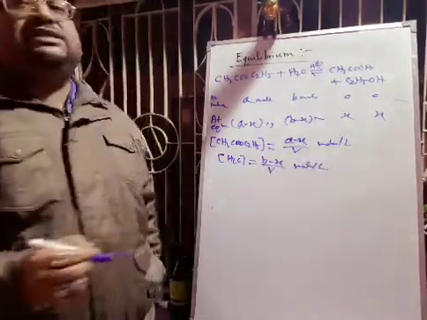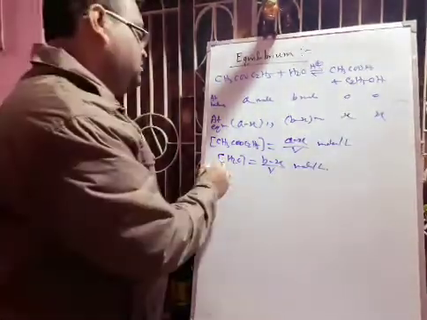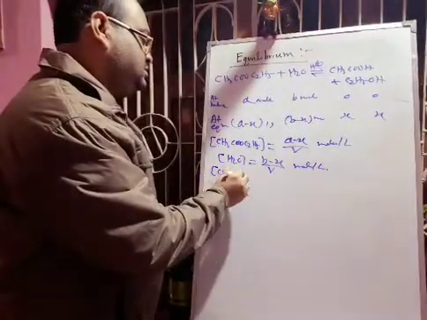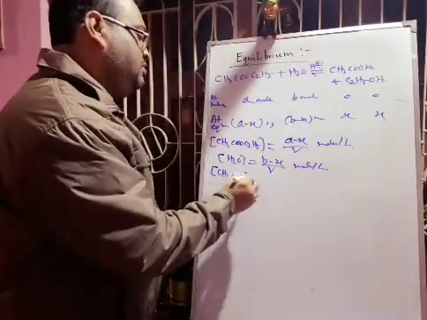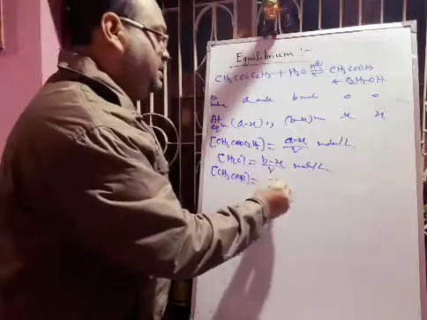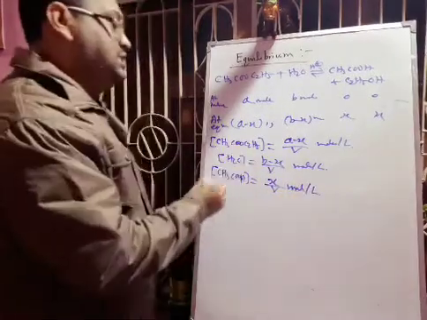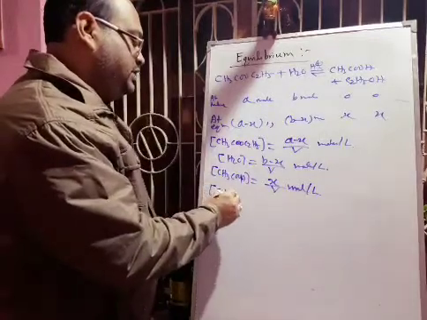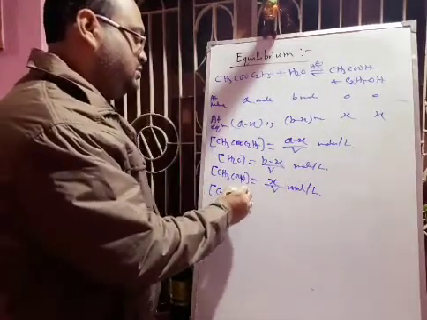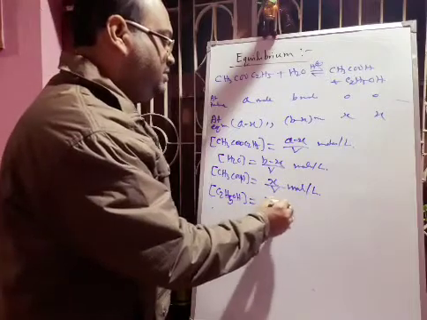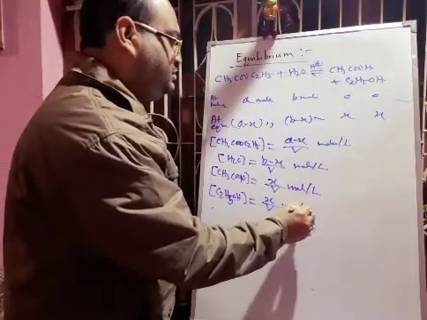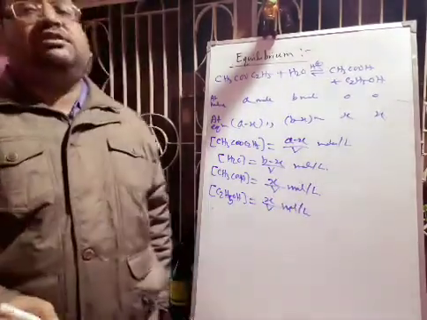The concentration of acetic acid, CH3COOH, will be x by V, moles per liter, and the concentration of ethyl alcohol, C2H5OH, will also be x by V, moles per liter. Hope you can understand what I am telling.